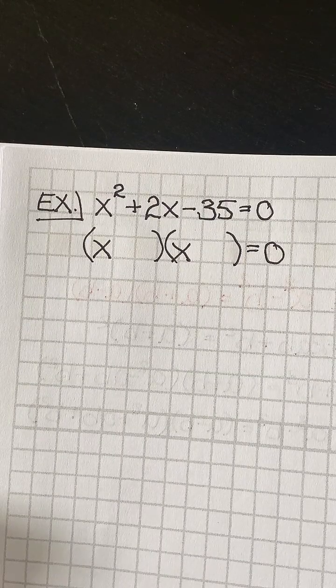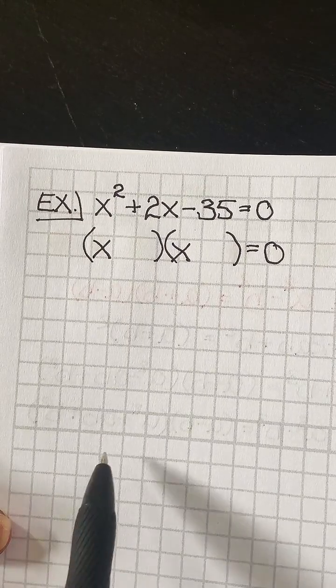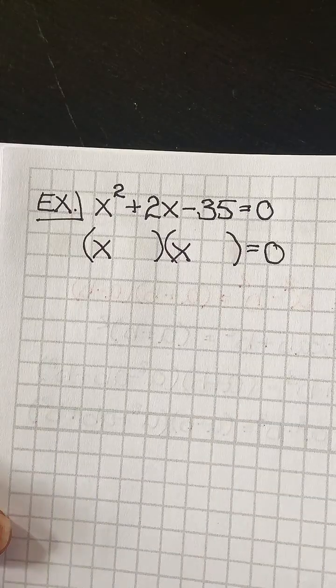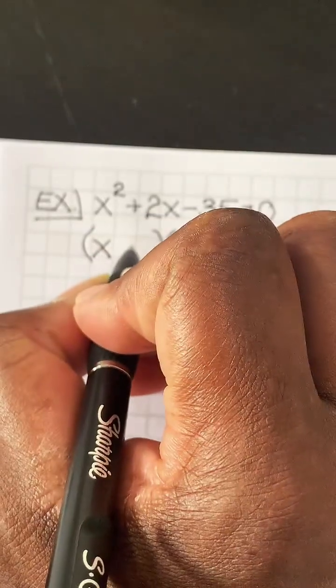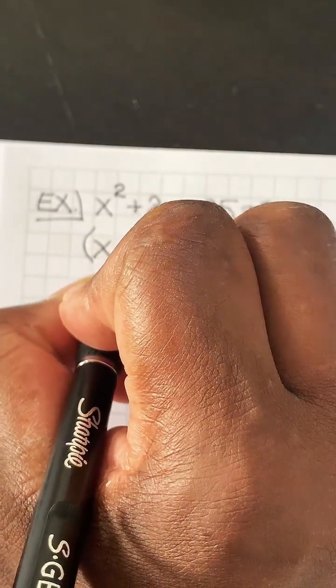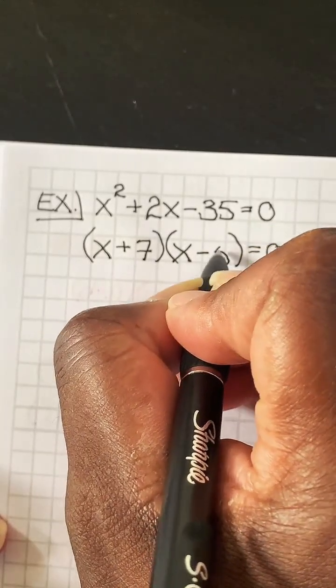All right, so now, yes, 7 and negative 5. So we have positive 7 and negative 5.